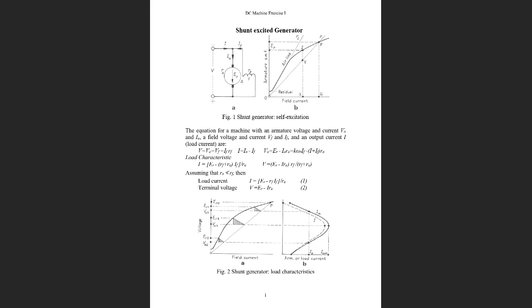They produce a constant magnetic field that interacts with the rotating armature, so that an AC voltage is induced internally in the armature coils.